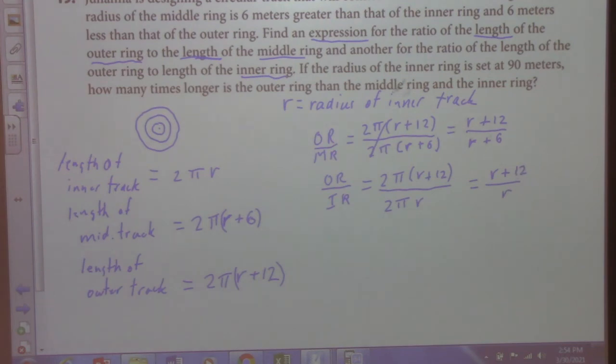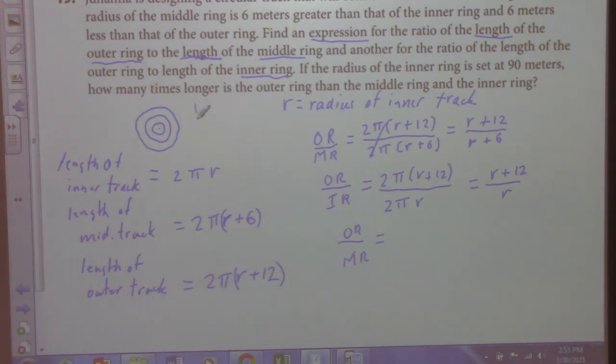And then the last thing it says, how many times longer is the outer ring than the middle ring and the inner ring? So what's this going to be if we plug in 90? In this case, this is the general expression, but for the exact answer, what do we plug in now for the radius, for R?